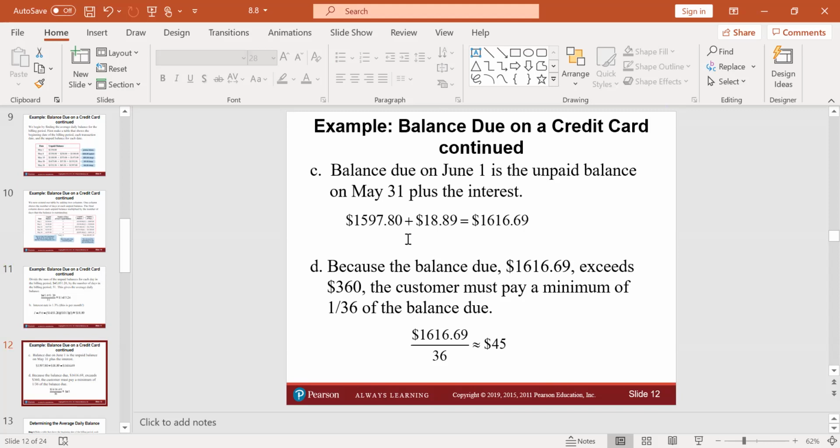You don't have to pay the rest off right away. But it's going to add up. You're only paying $45 out of the $1,616.69 that you owe. That means you're still going to be carrying a balance into the next month. And then if your balance keeps growing, the amount of interest you owe keeps growing, and it gets nasty quickly.